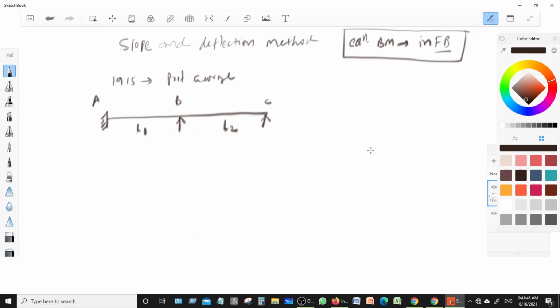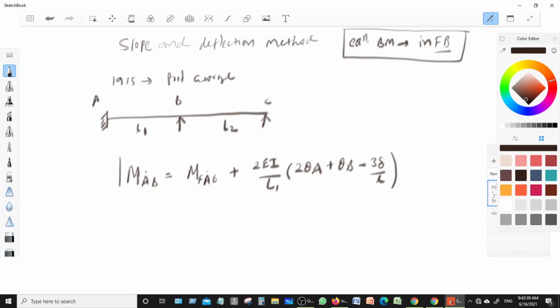So there is one equation given by this Professor George: the moment at A for AB beam is equal to the fixed end moment at A for AB beam plus 2EI upon L1, in bracket, 2 theta A plus theta B minus 3 delta upon L. So what does this equation mean?